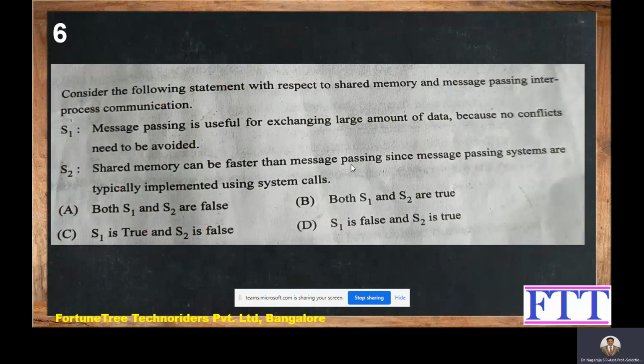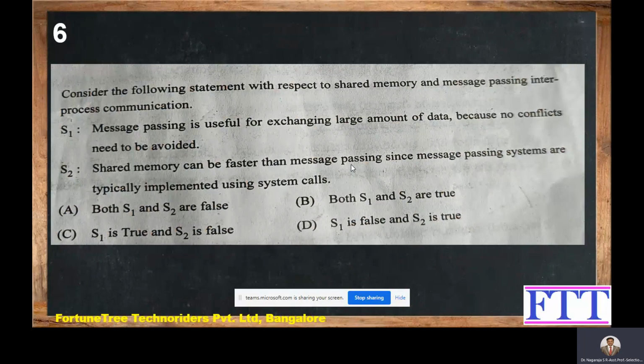Move to the sixth one. Consider the following statements with respect to shared memory and message passing interprocess communication. S1, message passing is useful for exchanging a large amount of data because no conflicts need to be avoided. S2, shared memory can be faster than message passing since message passing systems are typically implemented using system calls.